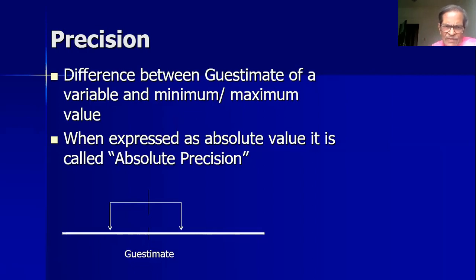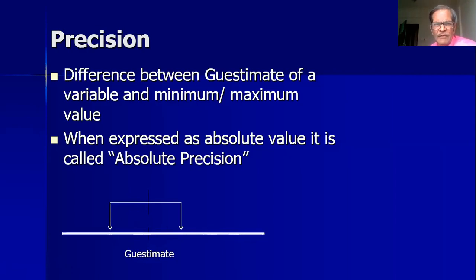For example, if this is the guesstimate, the guessed estimate of the mean on the scale, you will have to mention what will be the minimum acceptable value and the maximum acceptable value of that mean, or the universe value, or the population value, that will be acceptable to us.